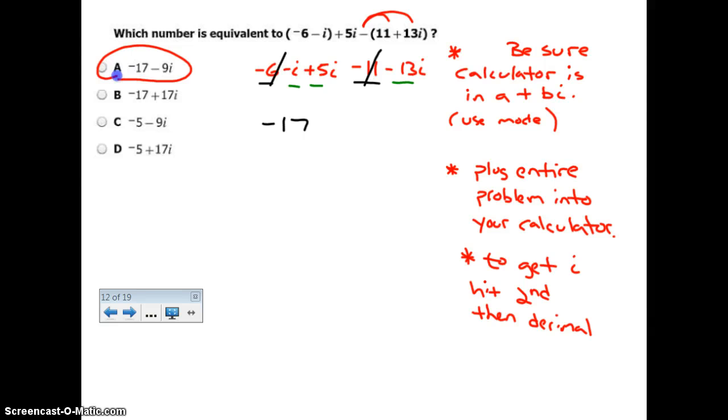So -1 plus 5 is 4, and then 4 minus 13 is -9, so you get -9i. Alright, so notice you get the same exact answer as we got on the calculator. The calculator, as long as you're plugging in everything the right way, is probably a safer method to use, and I highly encourage it. Okay? So let's move on to the next problem.